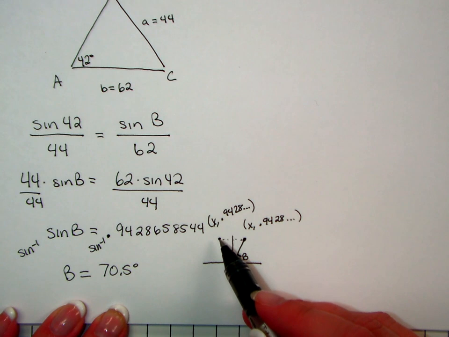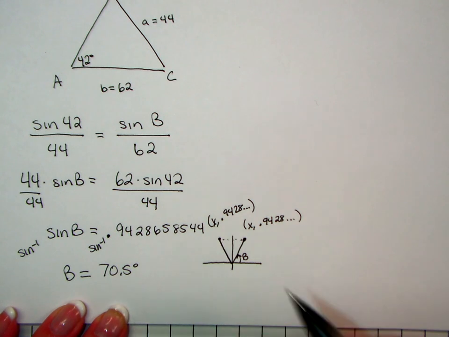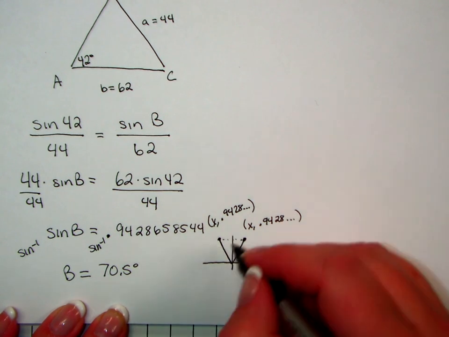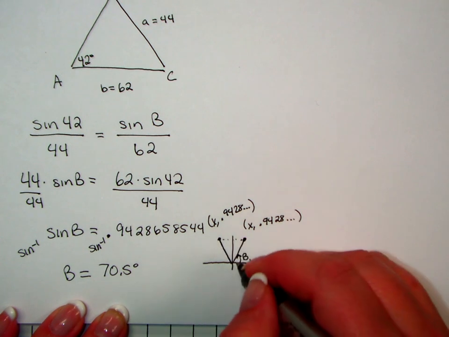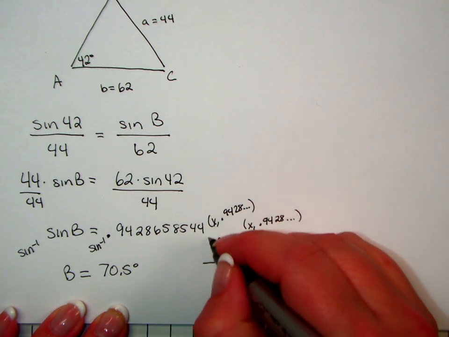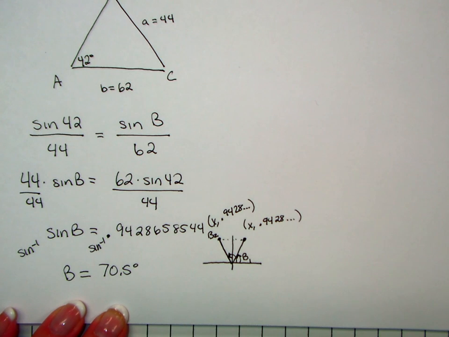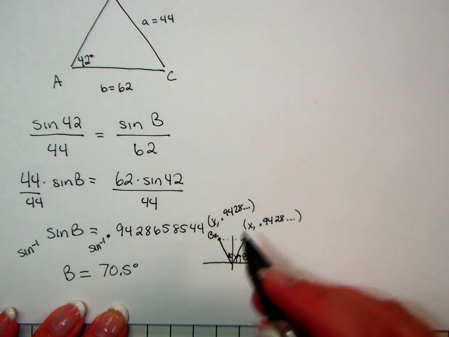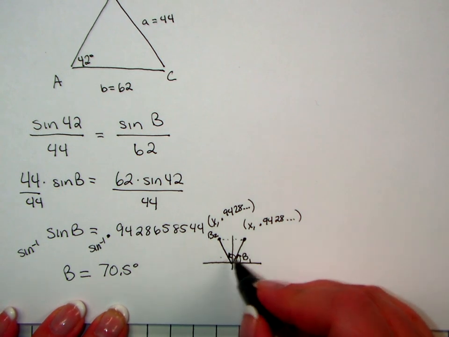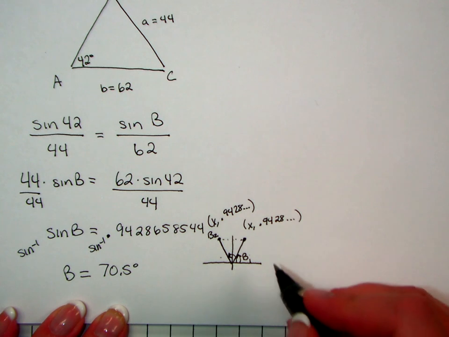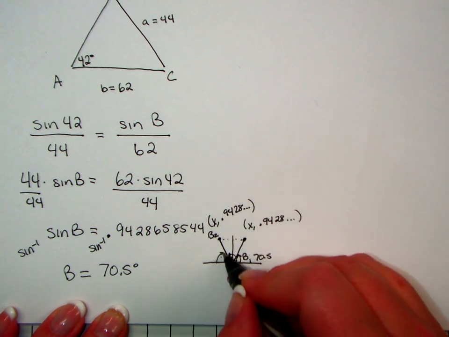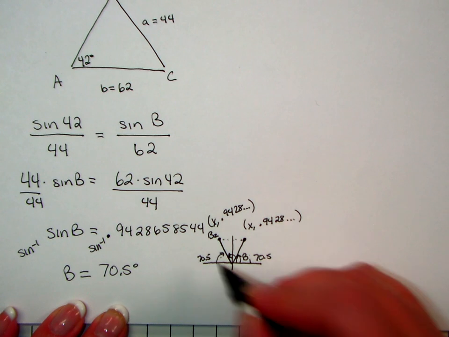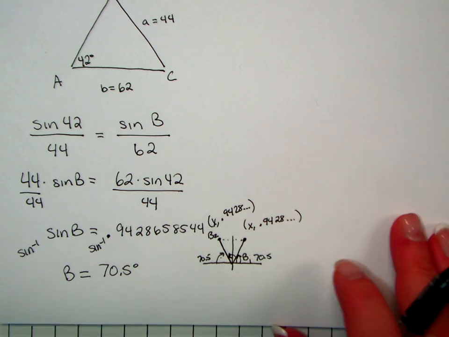And so there's another answer for B here, right? So I'm going to call this B sub 1, and I'm going to call this B sub 2. So how do we find B sub 2? Well, these reference angles are the same. So rotated up from the x-axis 70.5 in both directions. And so, can you see that?